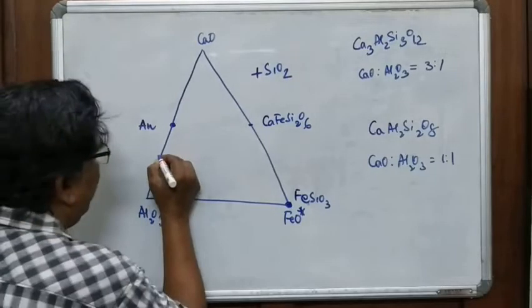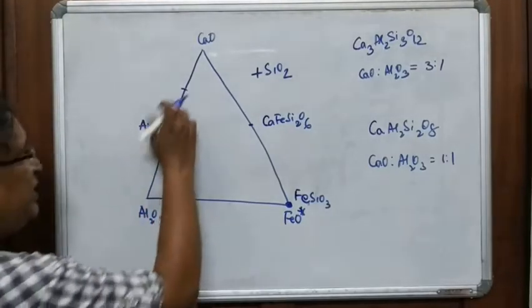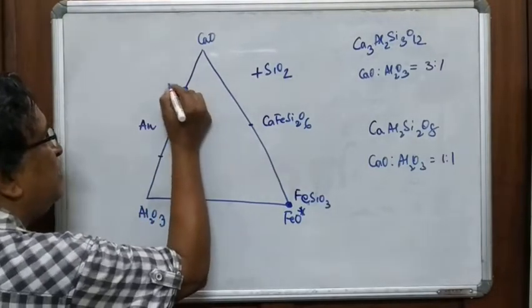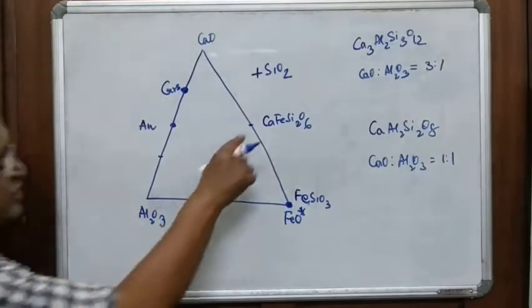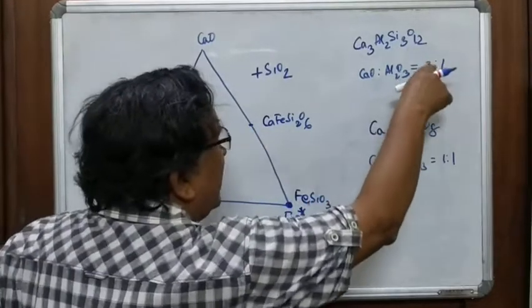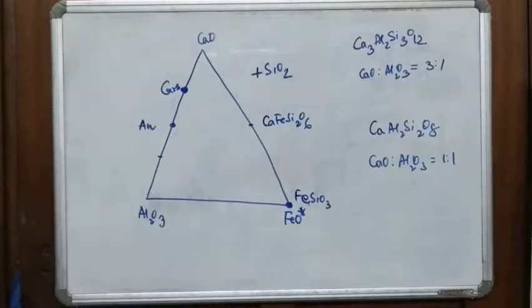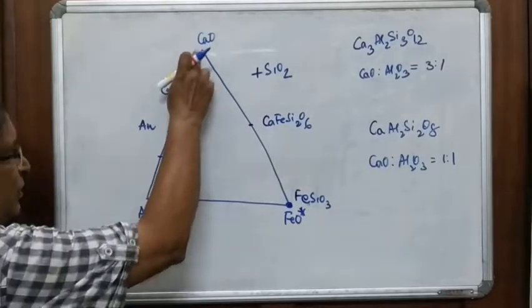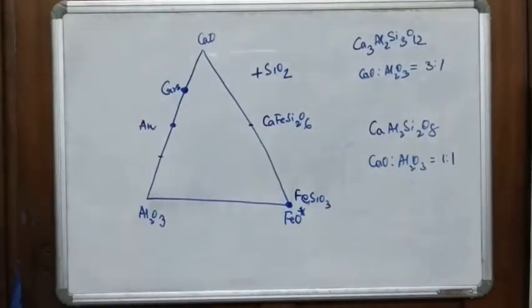So there are 4 divisions. So 3CaO, grossular will be plotting here, because there are 4 divisions. 1 CaO will be 3 by 4, 75%. This is 100% CaO. This is 0% CaO. So grossular will be plotting here.